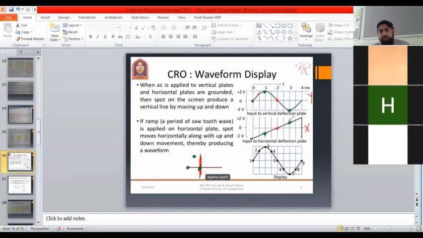X plate is offering +1 volt, so deflection will be on the right side. Will that dot be here? Okay, Y plate पर -2 volts means maximum deflection down from the center, और X plate पर +1 volt है, so the dot is deflected onto the right side.